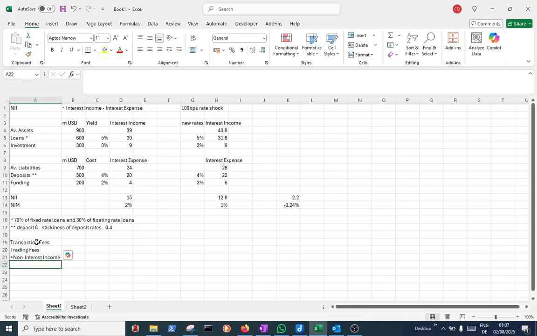And if we are more interested in how sufficient is the income provided by a financial institution, we shall create a metric called PPNR, which is pre-provision net revenue, and it will be equal to NII plus non-interest income and minus non-interest expense.